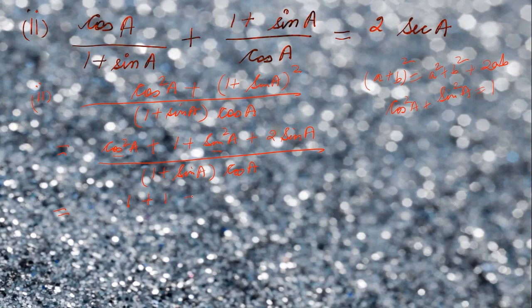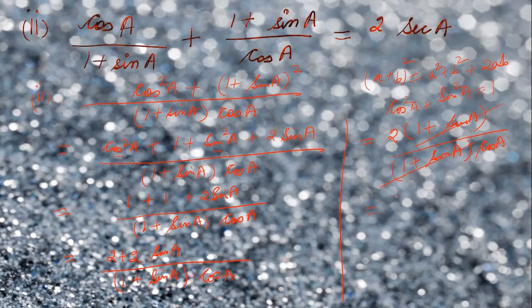So cos square A plus sine square A is 1. So 1 plus 1 plus 2 sin A, divided by (1 plus sin A) cos A. So you can write 2 plus 2 sin A divided by (1 plus sin A) cos A, or you can take 2 common over here, so it will be 2 times (1 plus sin A) upon (1 plus sin A) cos A. Okay, now cancel this term.